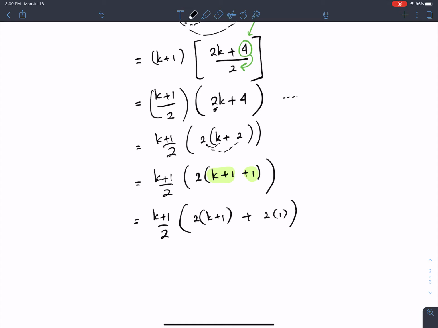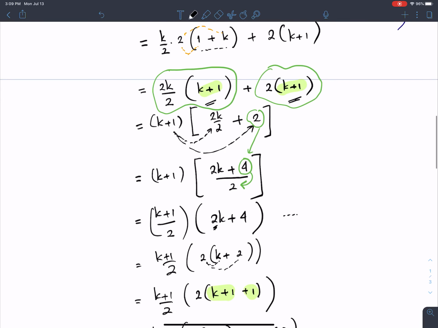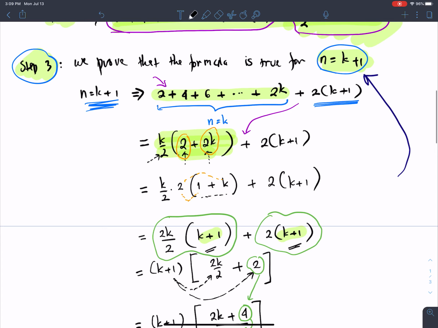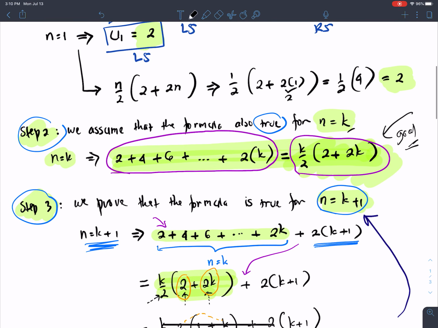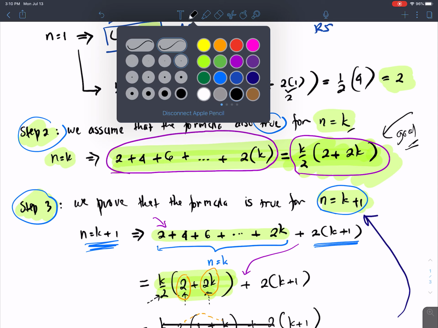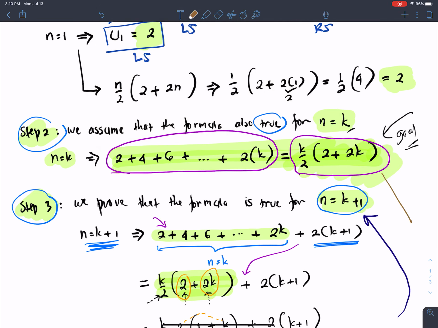Okay, you understand? Then k plus 1 final line, that will be 2k plus 1 plus 2, and we are done here. Okay, so quite long. How is it you said done? Look at this, this is our attention. As I mentioned again, this is our goal.